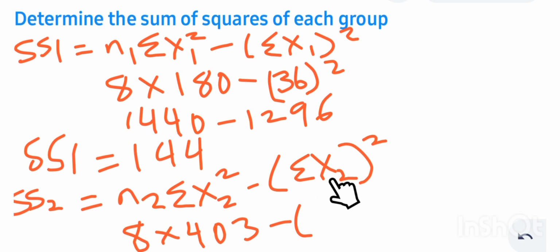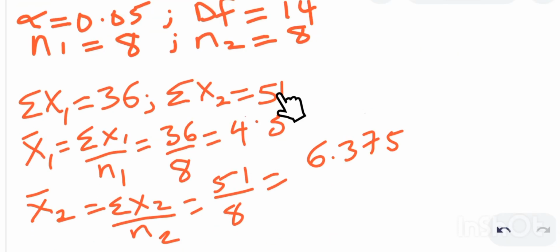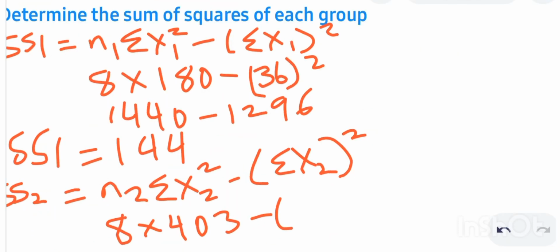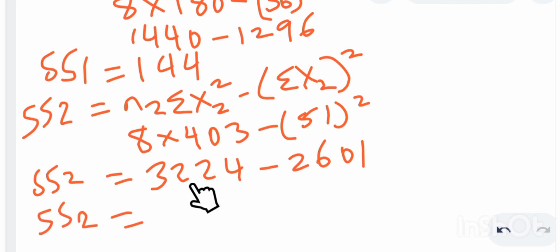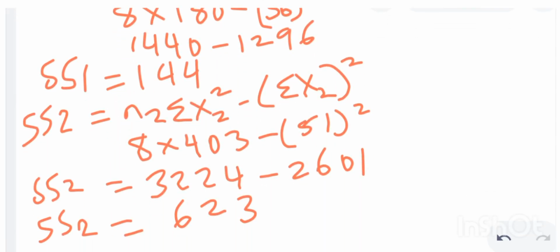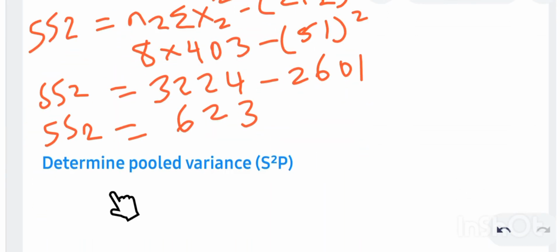Looking at the value we have, 51 all square. So here we have 8 times 403, which is 3224, minus 51 square, which is 2601. So 3224 minus 2601, we have 623.